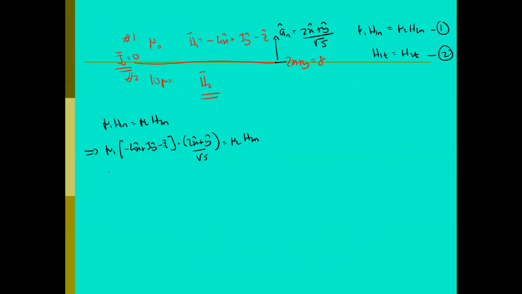Knowing that mu1 is mu0, we just write it as mu0. The dot product between these two vectors gives us negative 8 over square root of 5 plus 3 over square root of 5, and that equals 10 mu0 of H2n.